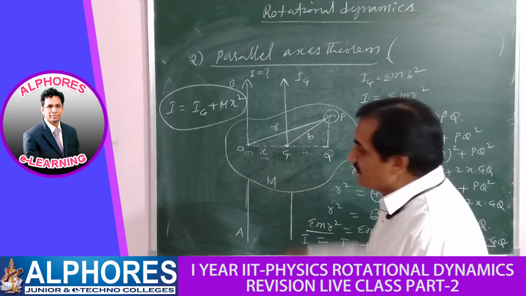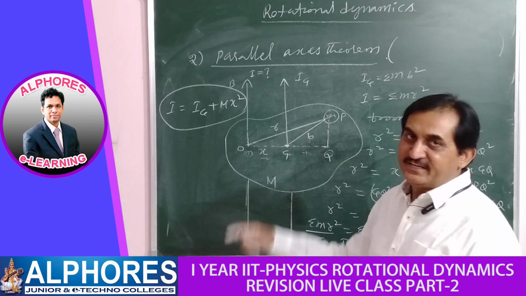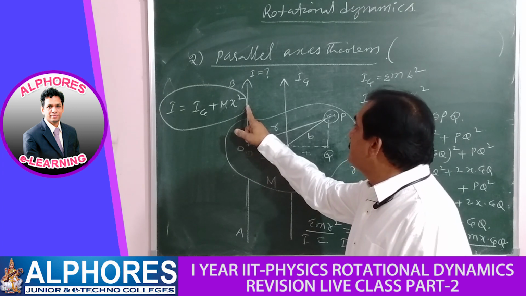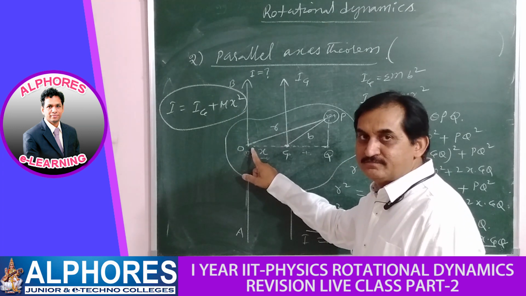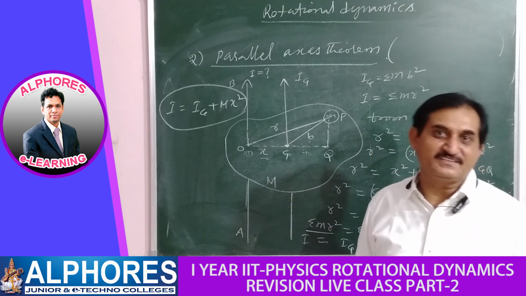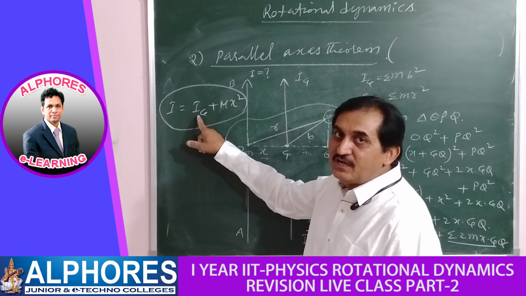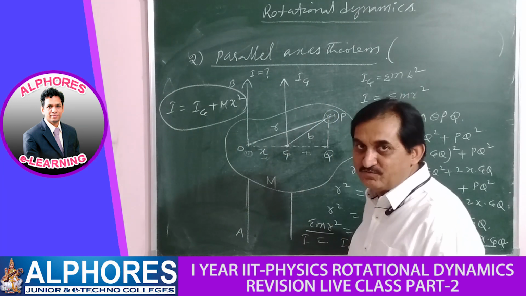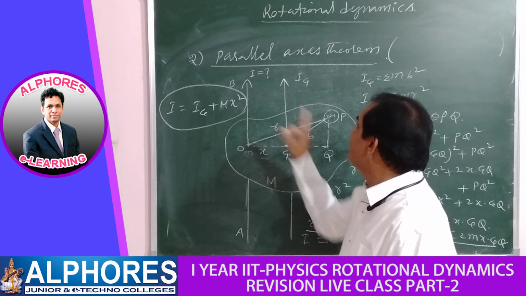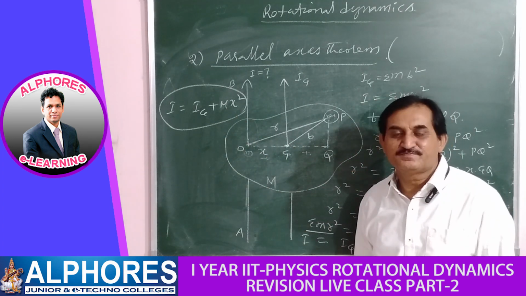Now, the statement is: the moment of inertia of a rigid body about an axis passing through any point, parallel to an axis passing through the center of gravity, is equal to the sum of the moment of inertia about an axis passing through the center of gravity and the product of the whole mass and the square of the distance between the two axes.